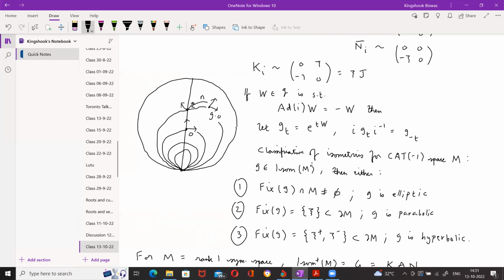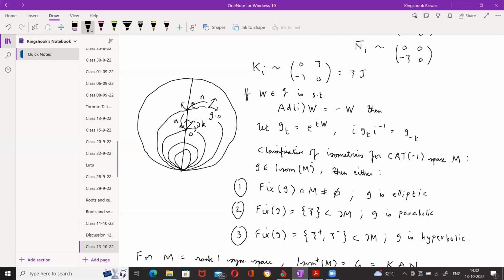Now I apply an element of A that moves along the geodesic. So now my point has been moved to the origin. I can move any point to the origin by applying N and then A. Now I get some frame at the origin, and I just apply an element of K to move this frame to the fixed frame.